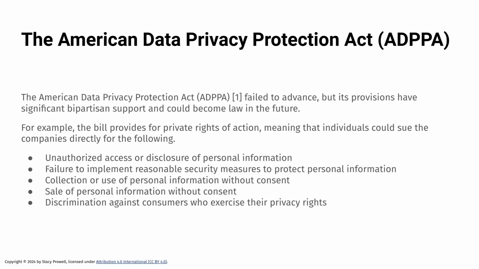So there was an attempt to create a comprehensive federal level Data Privacy Protection Act. So all the states are generating them, but we don't want 50, or maybe Chicago has its own and Houston has its own. So now we have more than 50. Right? We don't want that. We'd like to have some nice comprehensive set of standards at the top. And the American Data Privacy Protection Act was an attempt to do that.